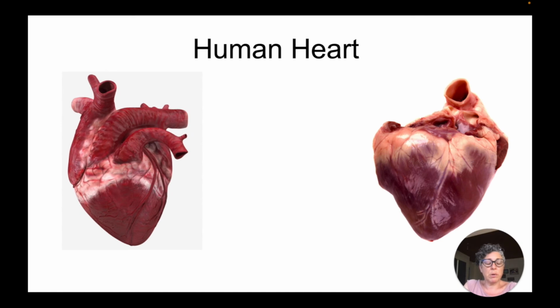So here we have images and a picture of an actual human heart. Now, the front face of the heart, which is on the left, and the rear face of the heart, which is on the right, have specific arteries that are situated in such a way that you can look at the side of the heart and know if you're looking at the front or the rear face of the heart.